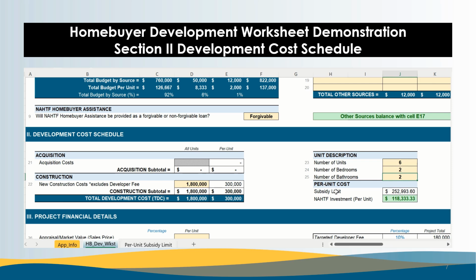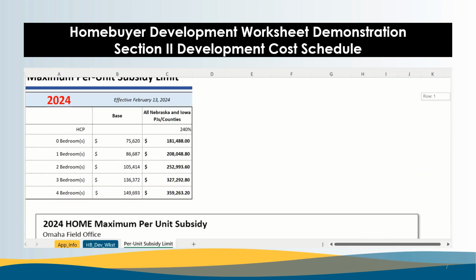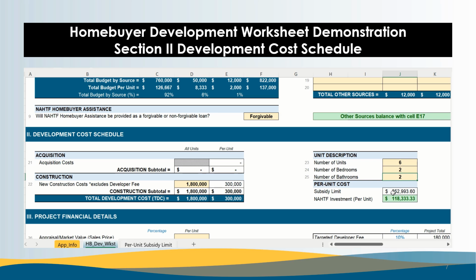This is using the per unit subsidy limit from the HUD Home Subsidy Table. You can see here there is a tab for that. This is just for informational purposes only. It shows that a 2-bedroom is $252,993.60. So that is why that number is here, because you have put in 2 bedrooms.